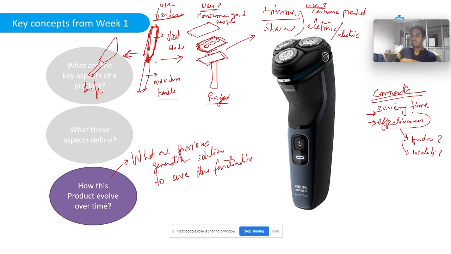So effectiveness is a very generic term. Most of the time we call effectiveness, from the perspective of engineering, efficacy, and that's where we define it as engineering efficacy.